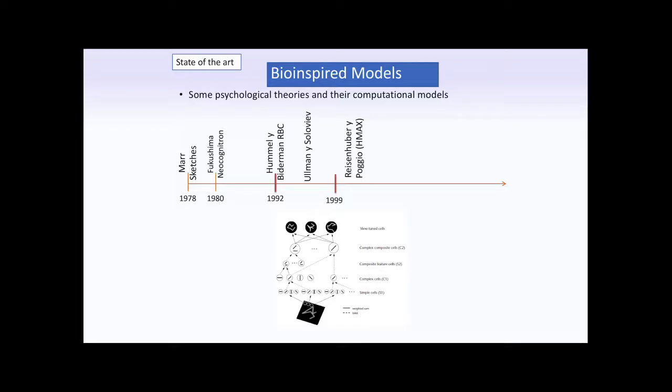Recent work went into the HMAX algorithm and using the complex of maximum response. So you start from simple to complex cells to composite simple and composite complex cells until we obtain some view-tuned cells.